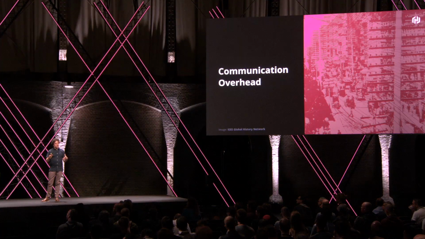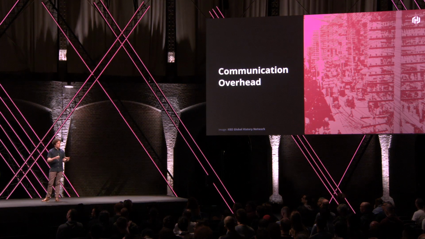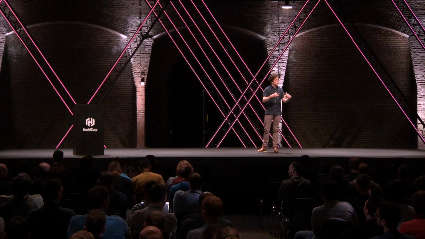And it becomes obvious why this is the case when you consider communication overhead. When you try and scale up a group of people working on a task, as you add more people, if they need to coordinate and have everyone on the same page and everyone making decisions together, then it gets exponentially more expensive as you add people to that group.